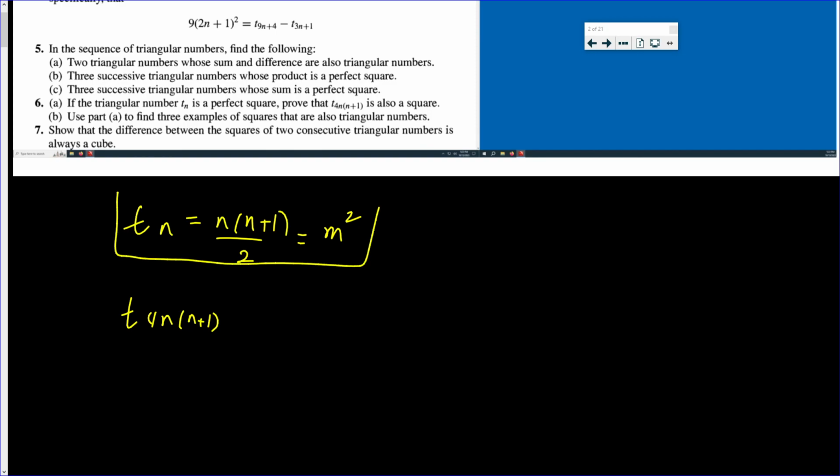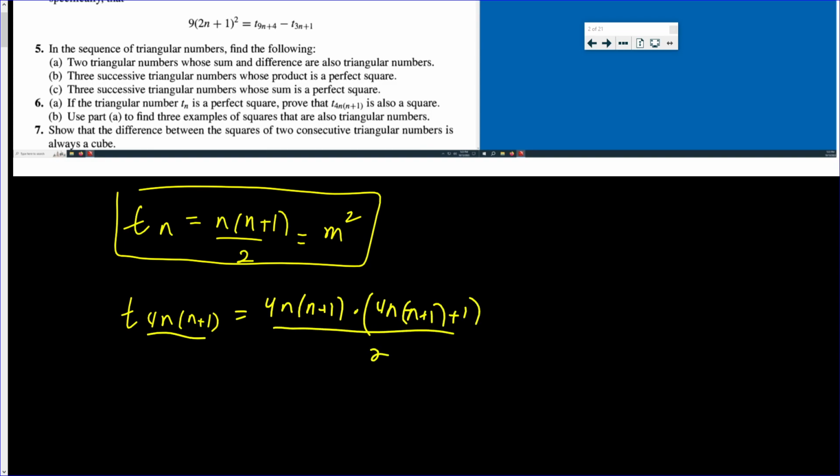So if this is true, then what's below is true. Well, T sub any number is that number times that number plus 1, all over 2.